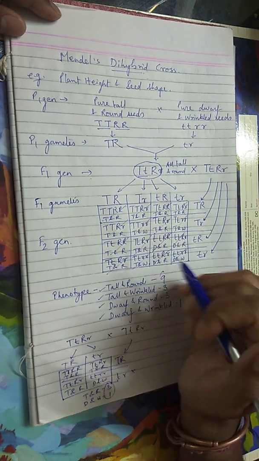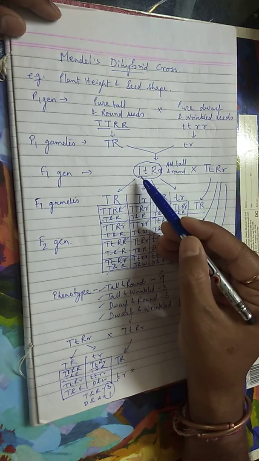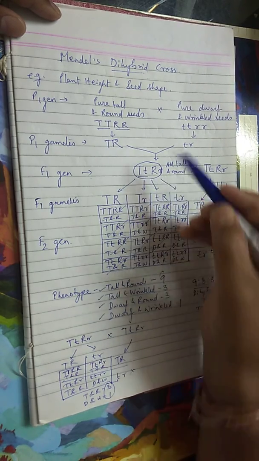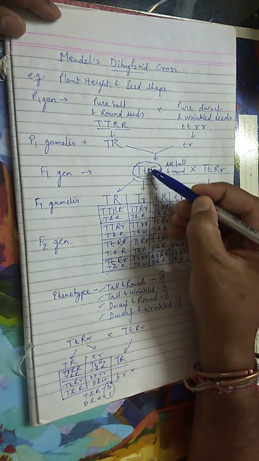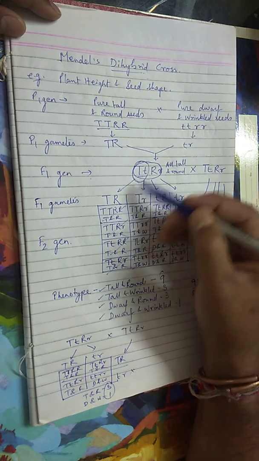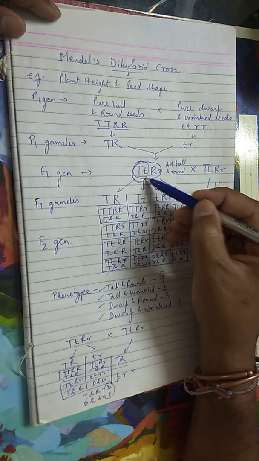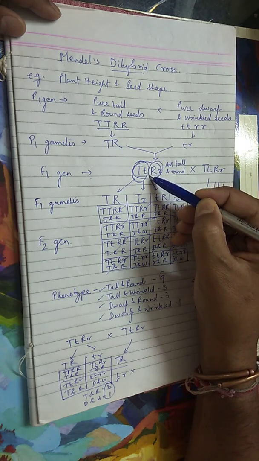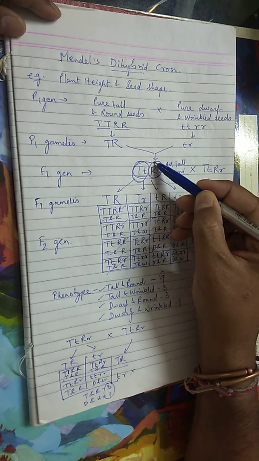Why independent assortment? Because according to this law, in a dihybrid cross, when the factors for one contrasting character separate, they do so independent of the factors for the other pair of contrasting character.